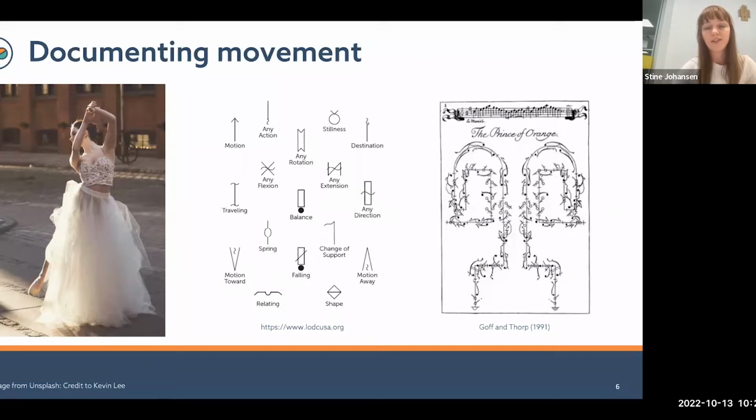The illustration to the right in this slide is a very old illustration from the 15th, 16th century that shows how a dance progresses throughout time. One thing is to document the dance, but as I said earlier, these diagramming methods have actually also played a role in how the dance itself has developed. So we're thinking that might also be the case when we're designing robot movements.